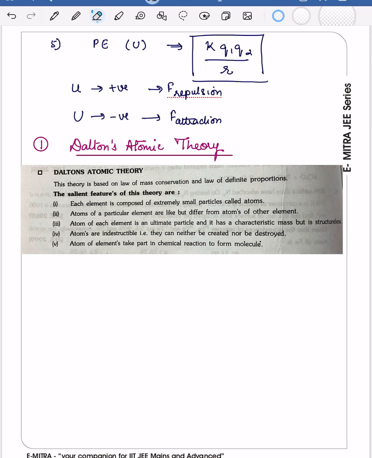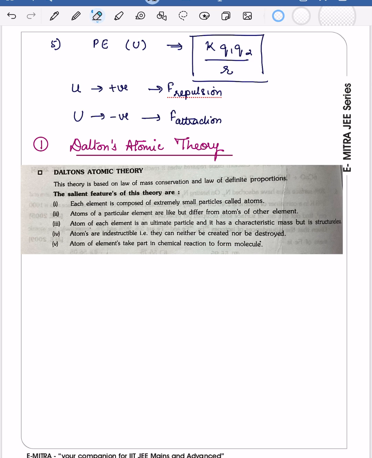Means what he wanted to say was that if matter is existing and you break that matter into small parts such that you reach the smallest particle of matter, then that smallest particle of matter is actually the atom, which he called atom.